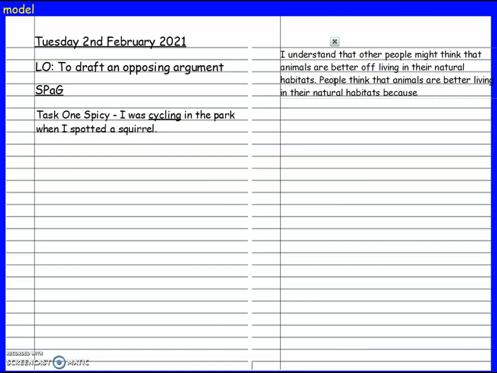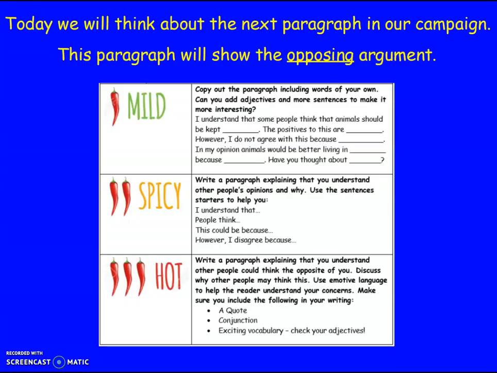I think people think they're better off living in their natural habitats because they're with their families, they've got a lot more space to roam and explore and go hunting for their own food, so I could write something about that. People think that animals are better living in their natural habitats because they have more space to hunt for their own food. Okay.